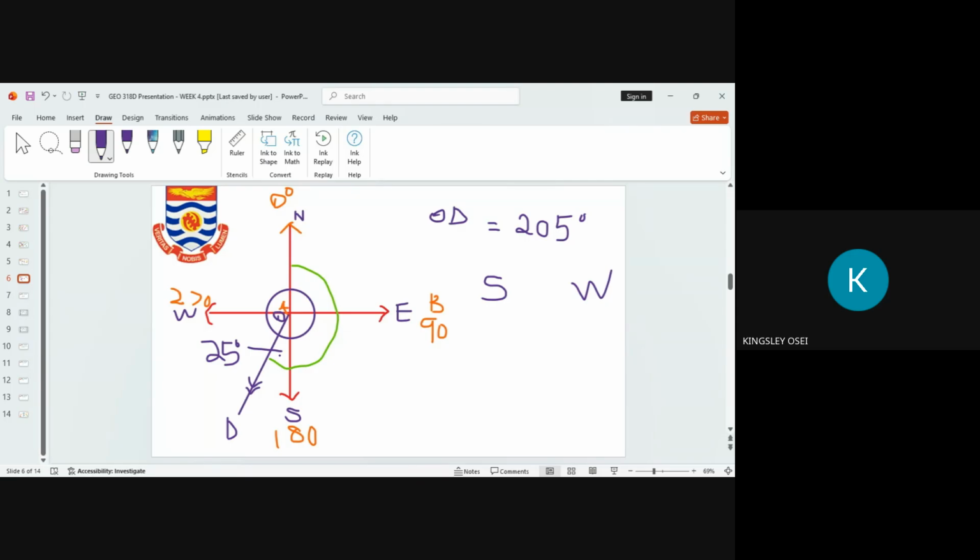It becomes 205 minus 180, and you get 25. So our final answer would be south 25 degrees, heading towards the west direction.